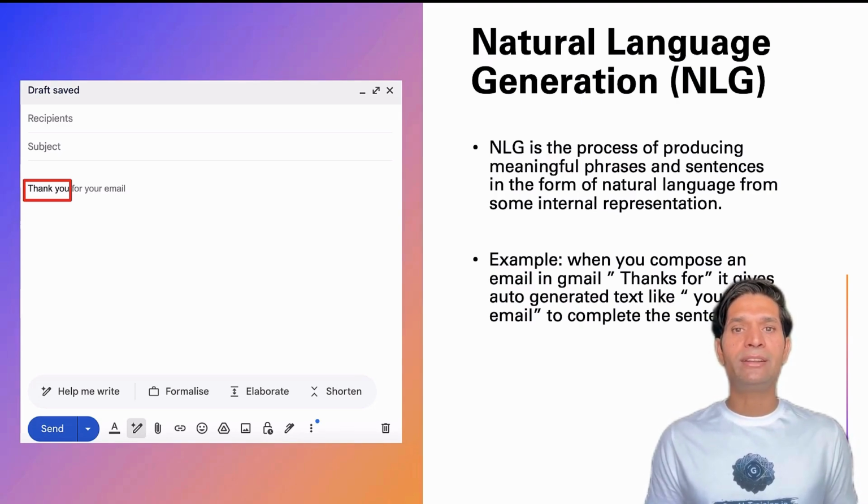It's already recommending me thank you for your email. So the 'for your email' is natural language generation. That's NLG, what Google currently uses, where it's trying to give you generated text which it believes is appropriate for what you're about to type. So this is what you have been already using. I'm sure you have looked for it.